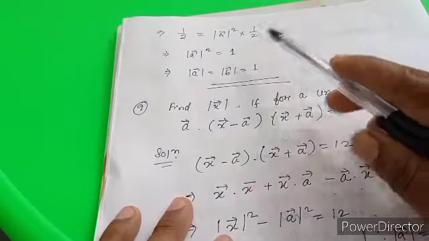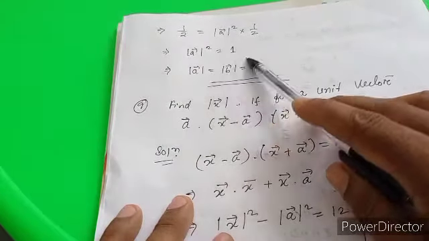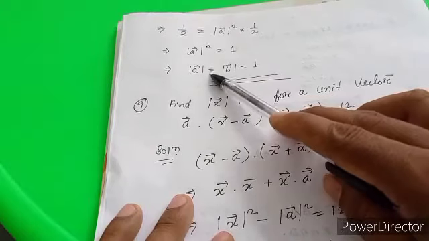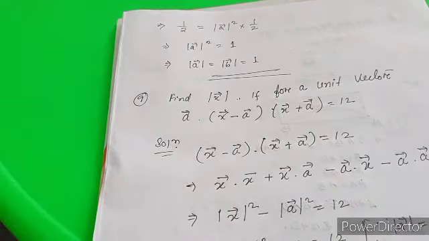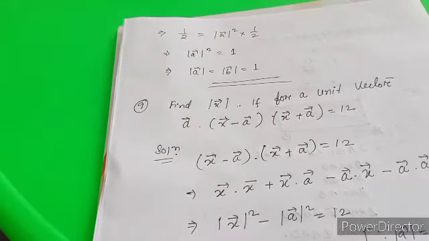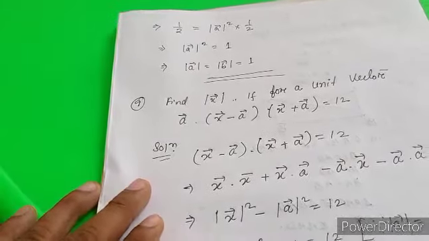Cos 60 degree is half, and half cancels out. Modulus of A square is 1. Therefore, modulus of A equals modulus of B equals 1. The magnitudes are the same. Simple question. Any doubt, let me know.